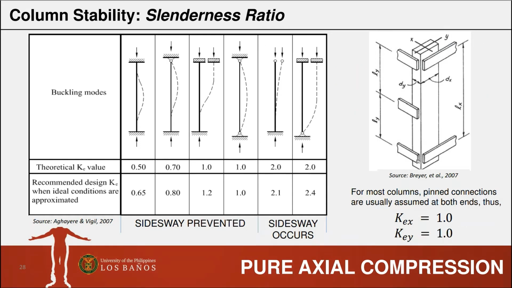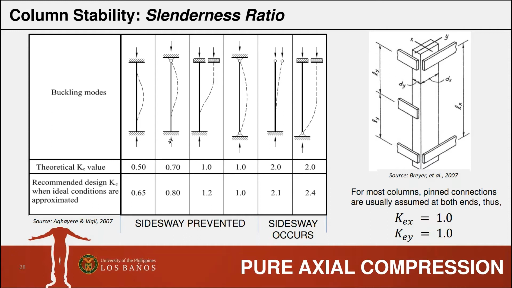In order to determine the effective length factor that we will use for the slenderness ratio, we need to check the end support conditions. For the first one, the upper and the lower support conditions are both translation fixed and rotation fixed.